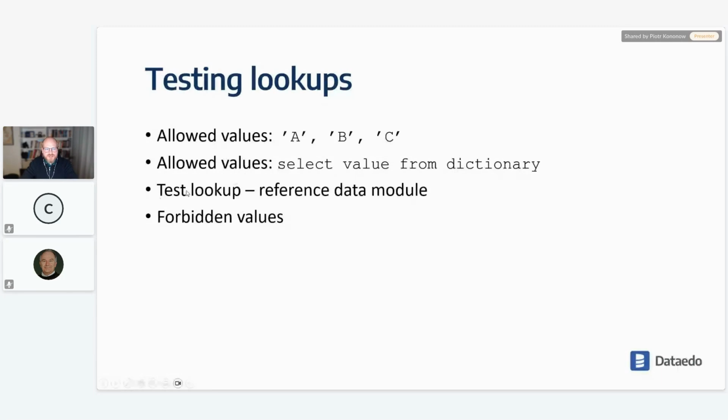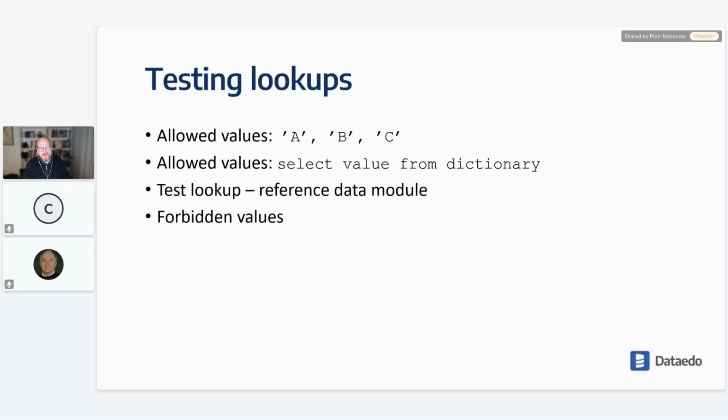You can also test lookup. Lookup is the definition in our reference data module. So this is where you define in Dataedo those allowed values, right? So then we take those values. You don't provide them in the rule, you provide them in lookup.